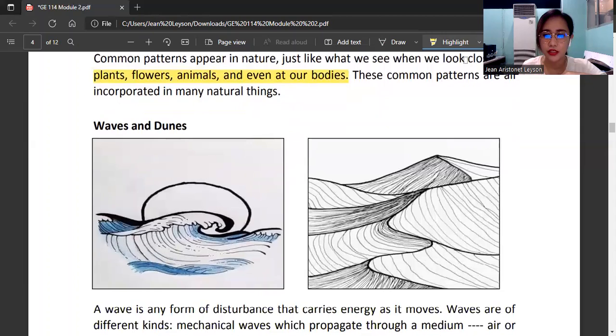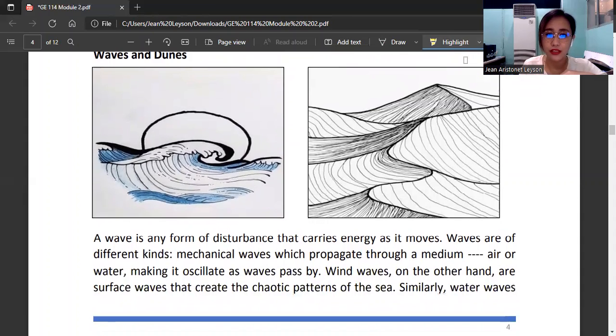So we have here a visual showing us waves and sand dunes. A wave is any form of disturbance that carries energy as it moves. Waves are of different kinds.